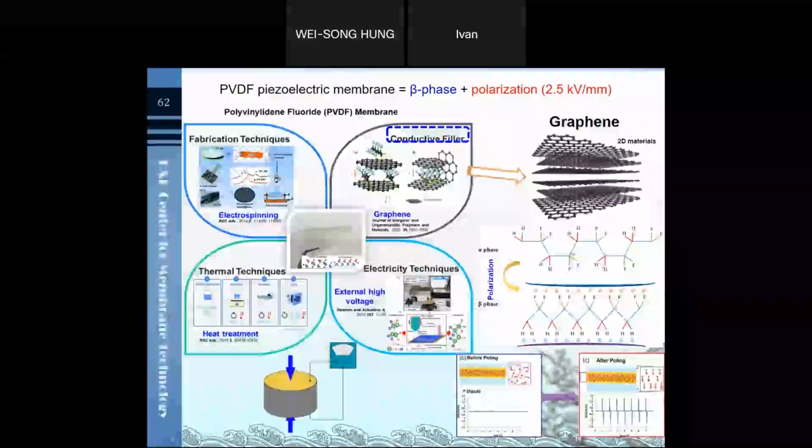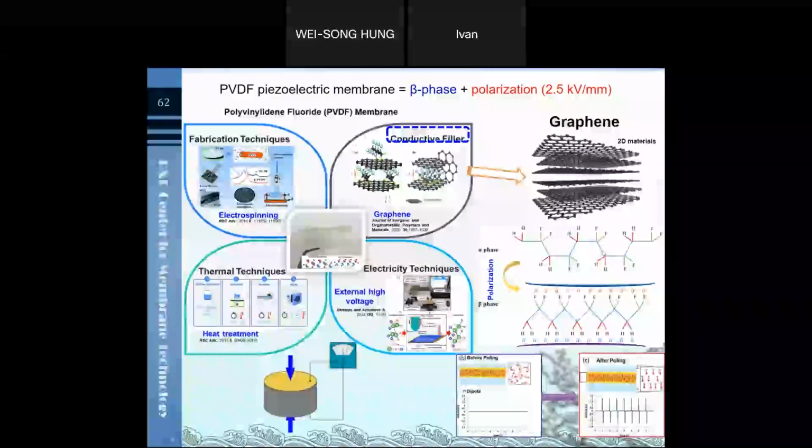With this kind of structure, the membrane has no piezoelectric property. It only works if we can change the alpha phase to the beta phase. The beta phase structure is like this: the fluorine group is on one side and the hydrogen group is on the other side.